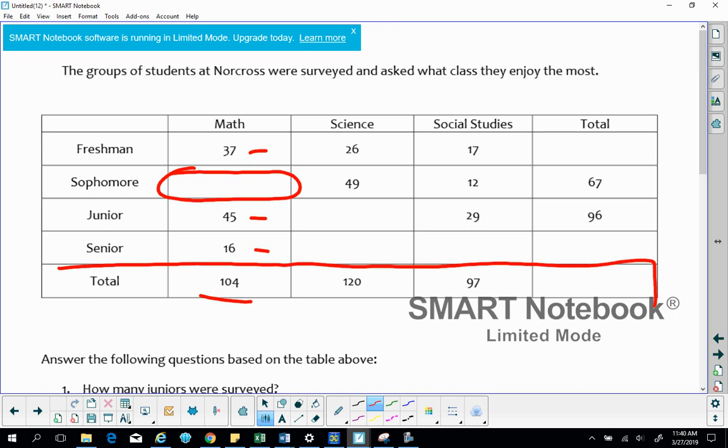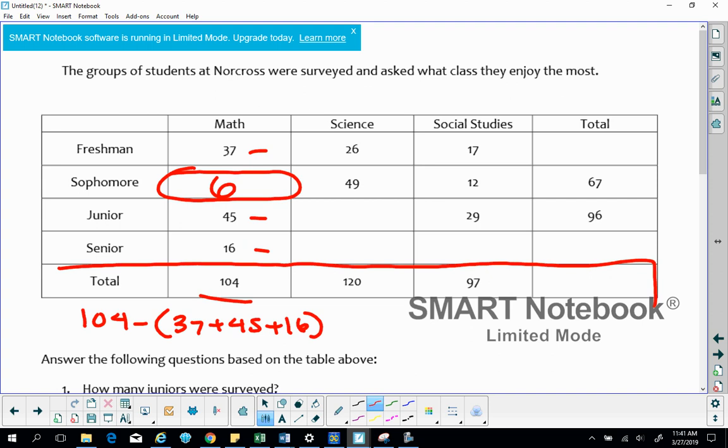He said take 104, which is your total, and subtract all these other ones from it: 37 and 45 and 16. Whatever is left is the sophomores who like math. So when you do that, you end up getting 6.